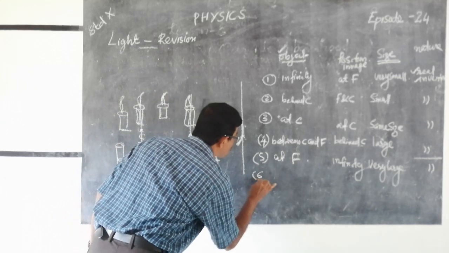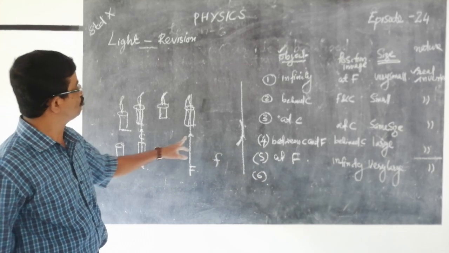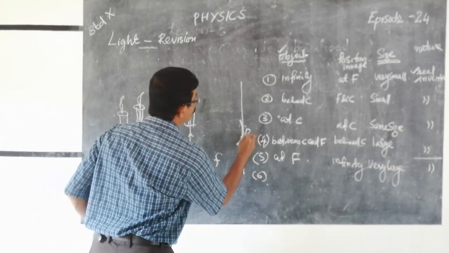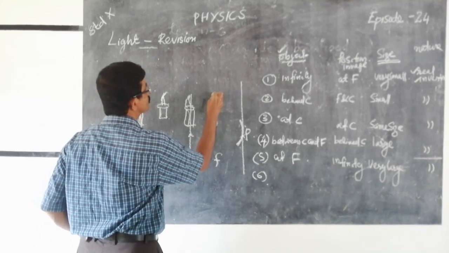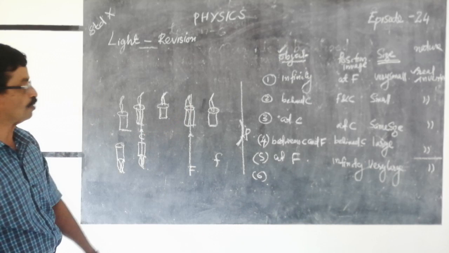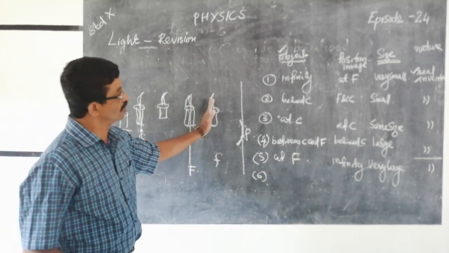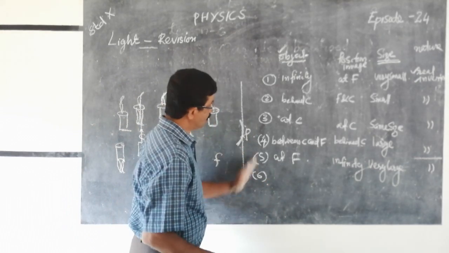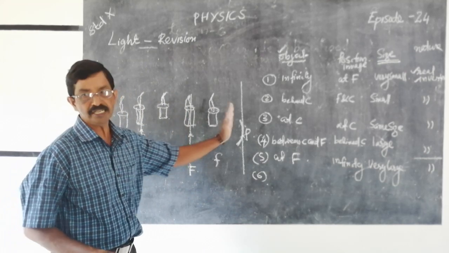Now we are going to place the object between F and the pole. That means the object is in between these two. That means the lighted candle is placed there. Then we cannot get the image on the screen.